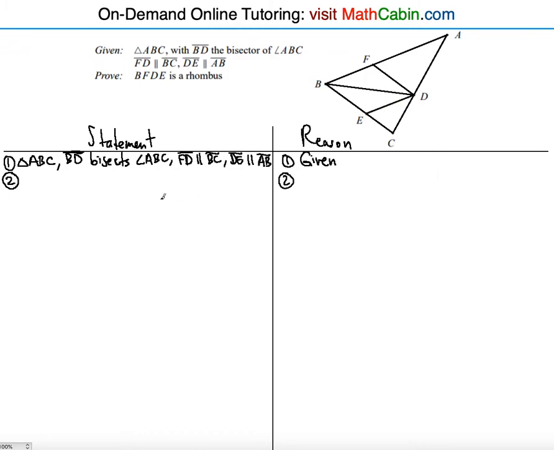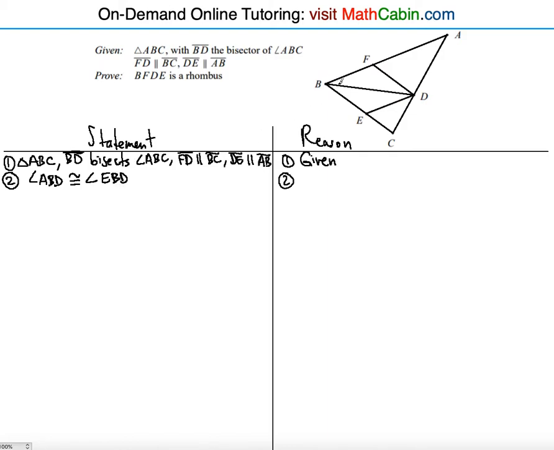Good. So now the first thing that you would do, you would write the given, you would write all that and define the reason for it as being the given. The next thing that you should see is that since we're talking about the bisector and equal angle measures, then we know for sure that angle ABD is congruent to angle EBD.